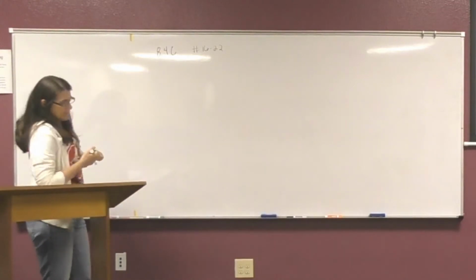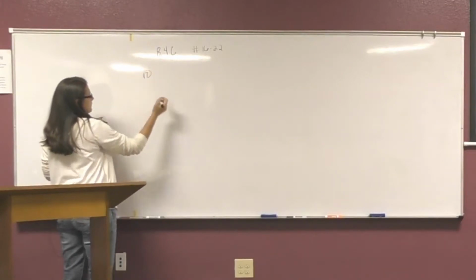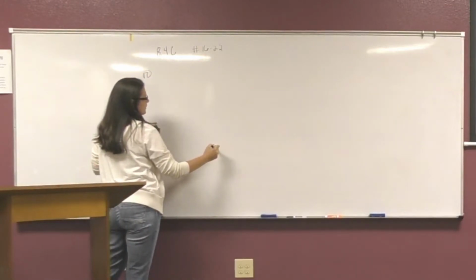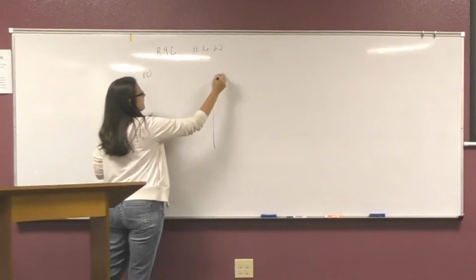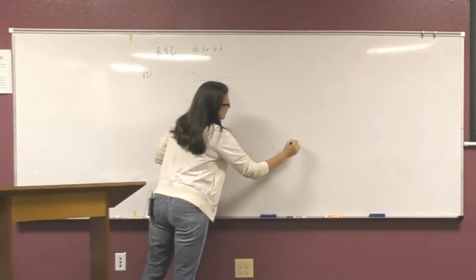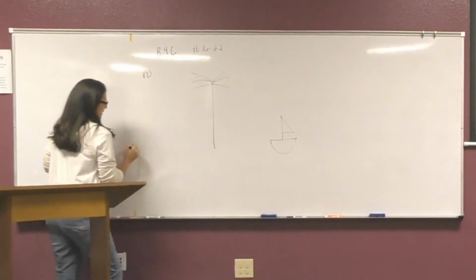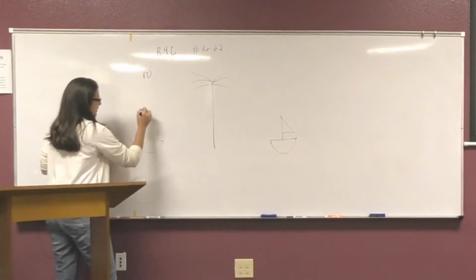So let's draw out the picture. All right, so here's my lighthouse. Here's my beacon of light right there. Here's one boat. I'm going to make it a sailboat because we just like to sail. And then here's another boat, another sailboat.